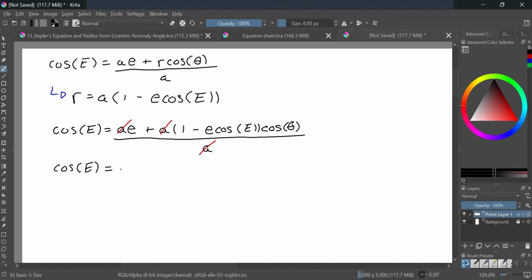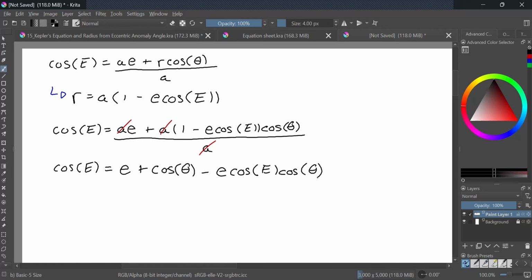We have that equal to eccentricity, and I'll go ahead and distribute, plus the cosine of theta minus E times the cosine of E times the cosine of theta.